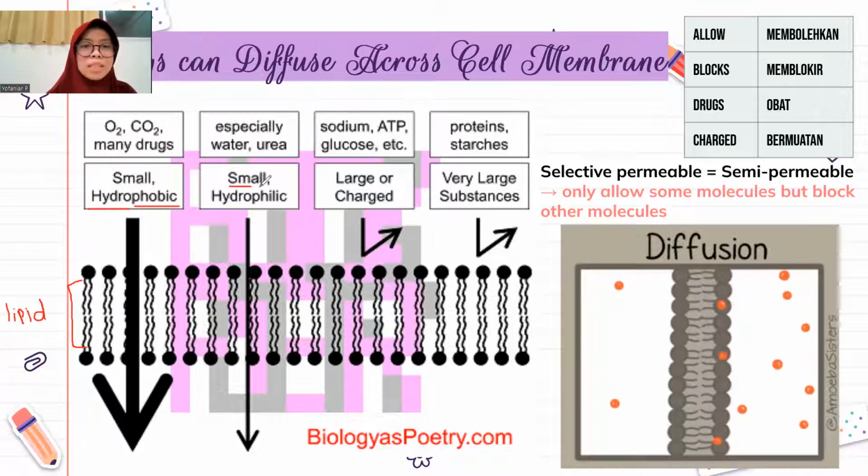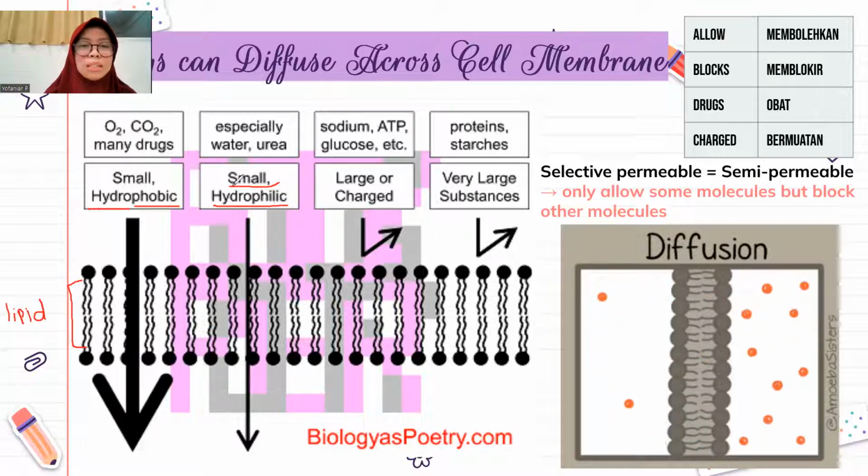Next, we still have a small molecule, but it is hydrophilic. Hydro means water. Philic, feel. They have a feeling for water. They are a friend of water, just like the opposite of afraid of. Let's say mereka suka sama air.